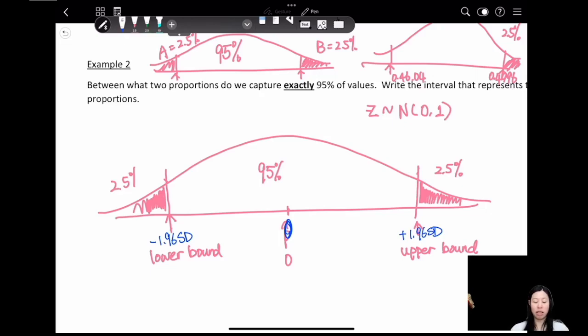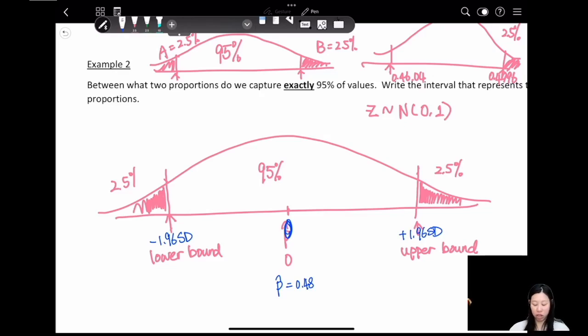Okay, so now let's get back to our earlier question. In the earlier question, we don't have the standard mean of p hat, right? Earlier, our proportion is equal to 0.48. So now let's find out its upper bound.